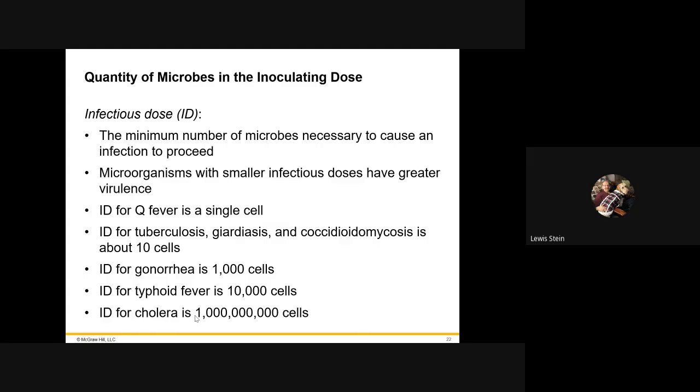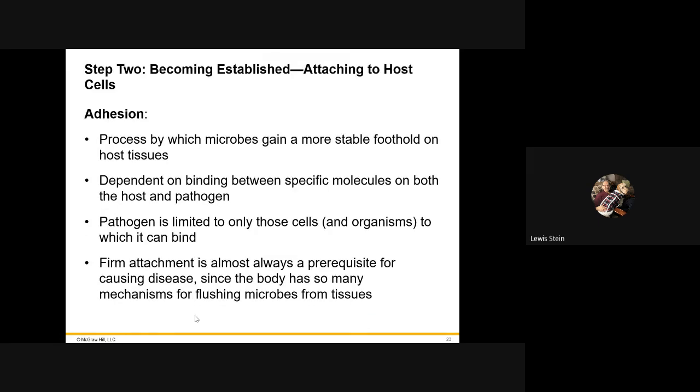Again, it's only maybe 100, because salmonella is relatively easily killed by stomach acid. Shigella is not. Okay, these are all the things. So look for infectious dose: low ID, higher degree of virulence. How easily it attaches, higher degree. It attaches easily, gains a foothold, starts making bad products, more difficult to deal with.